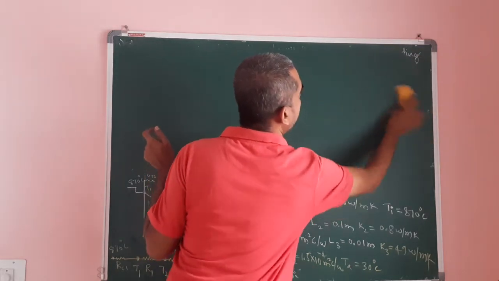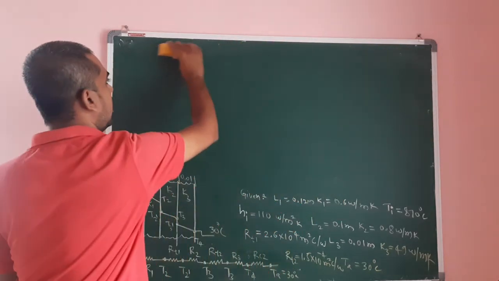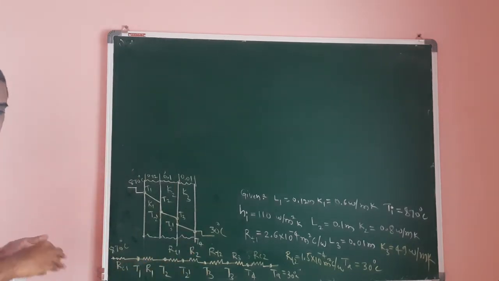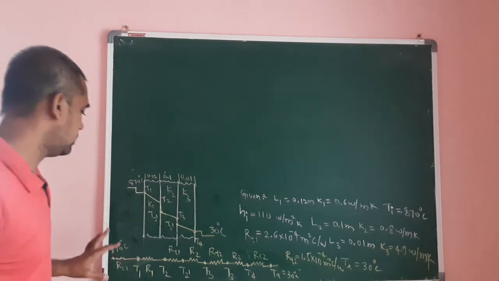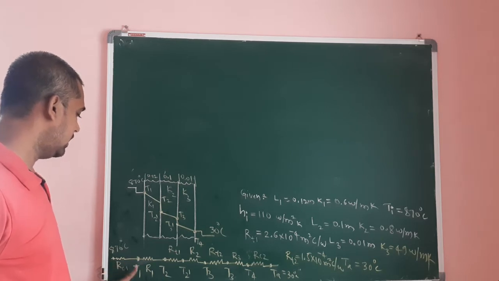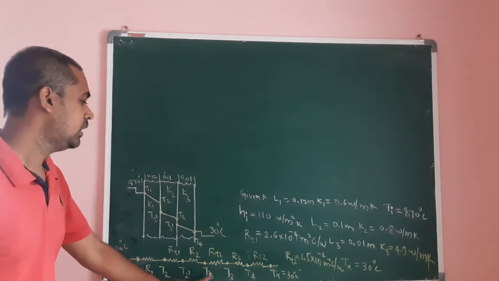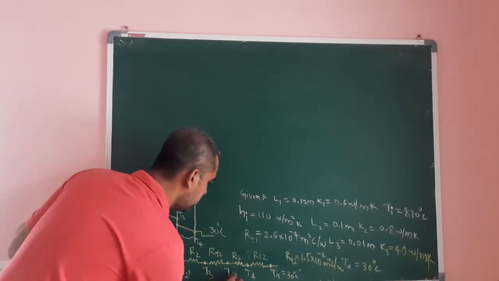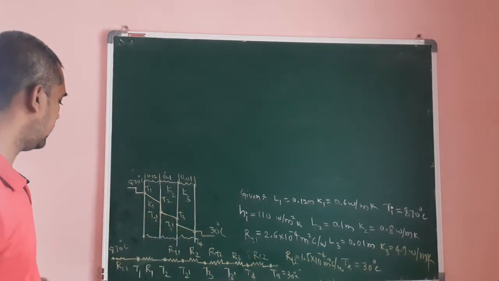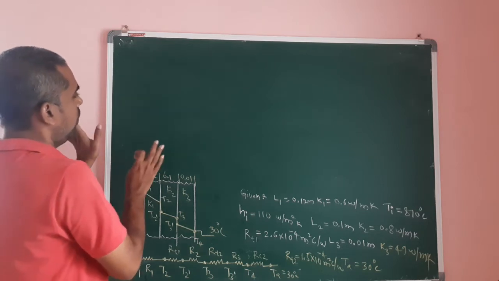Now I will solve the problem here. What have they asked to calculate? They have asked to find the temperature at all the points. They have given T1, T2, T2 dash, T3, T3 dash, T4 and the ambient TA.